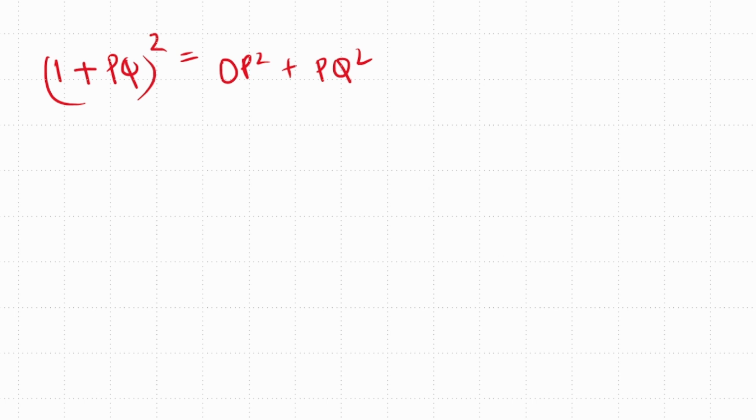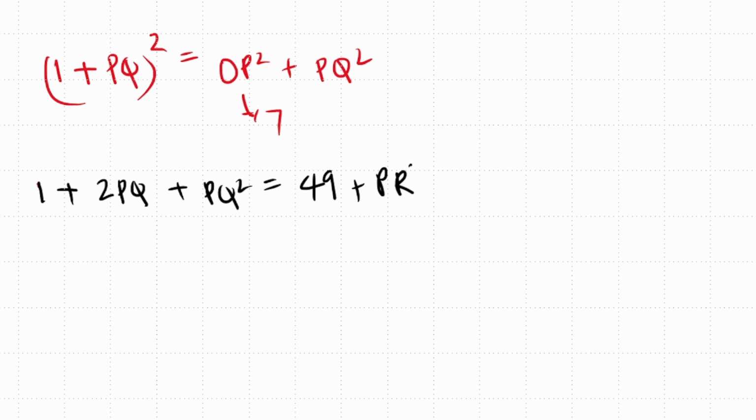And in the question it is given this is 7, right? So we'll open this bracket. That is 1 plus 2 PQ plus PQ square equals 49, that is 7 square, 49. These two are the same, we'll cancel it out.